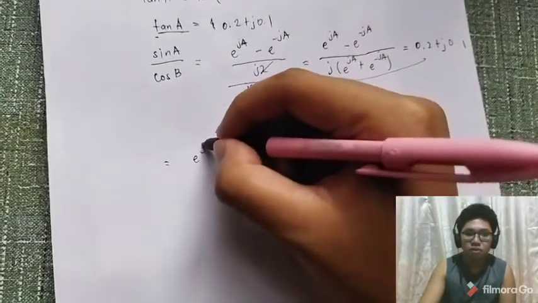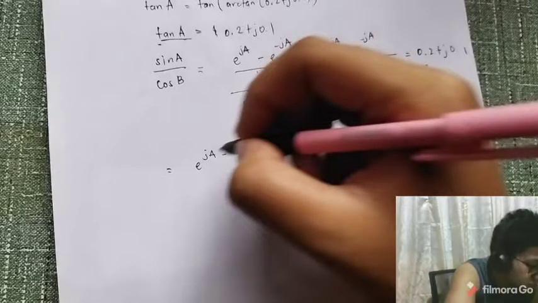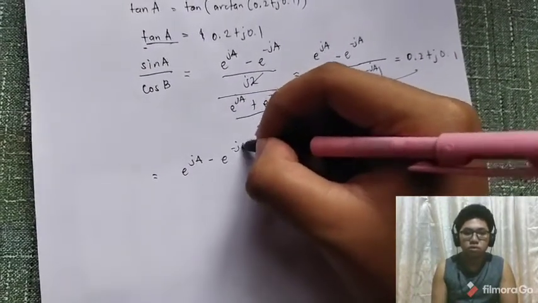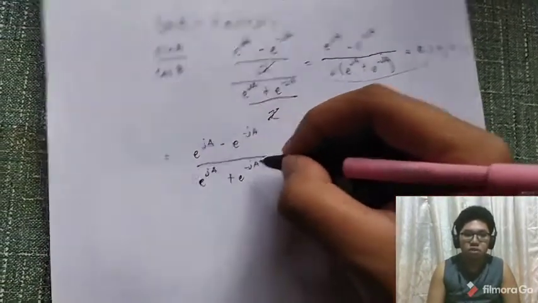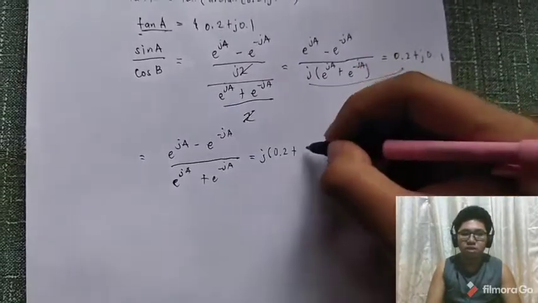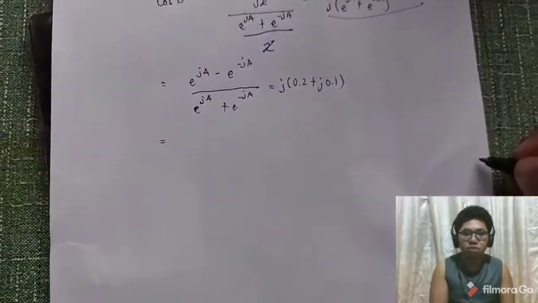Then we will cross multiply, so that will be equal to e raised to ja minus e raised to negative ja all over e raised to ja plus e raised to negative ja equal to j times 0.2 plus j 0.1.